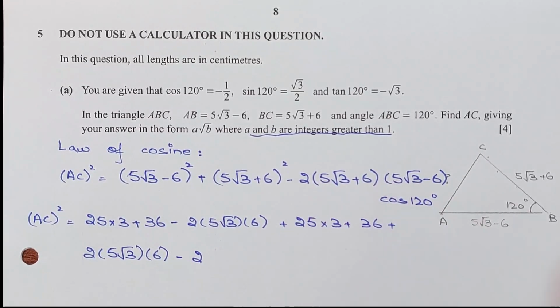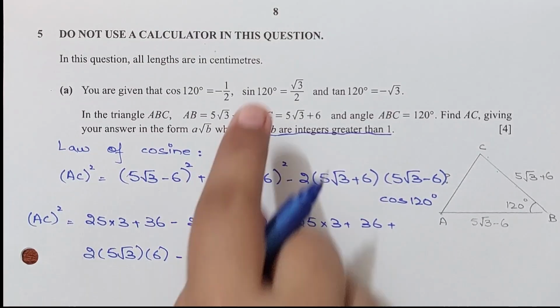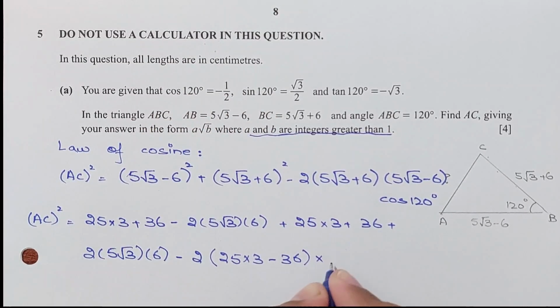This is a plus b and a minus b, so a square minus b square. So a square is 5 square, 25. Square root of 3 square is just 3. Minus 6 square is 36. And cos 120 is given, which is minus 1 by 2. Right.